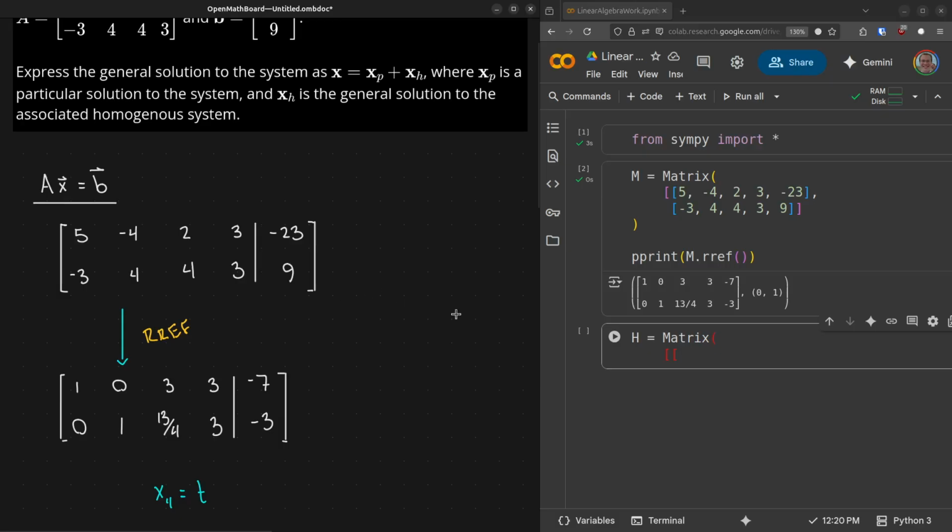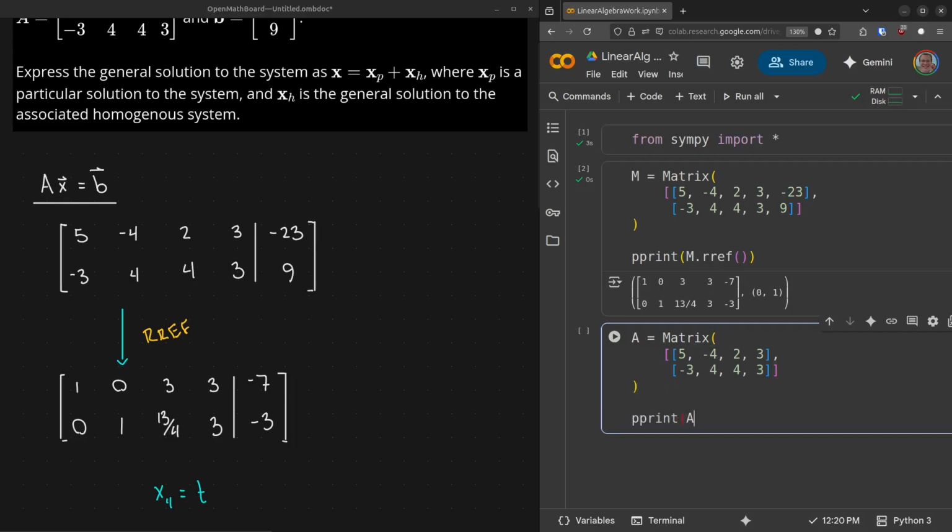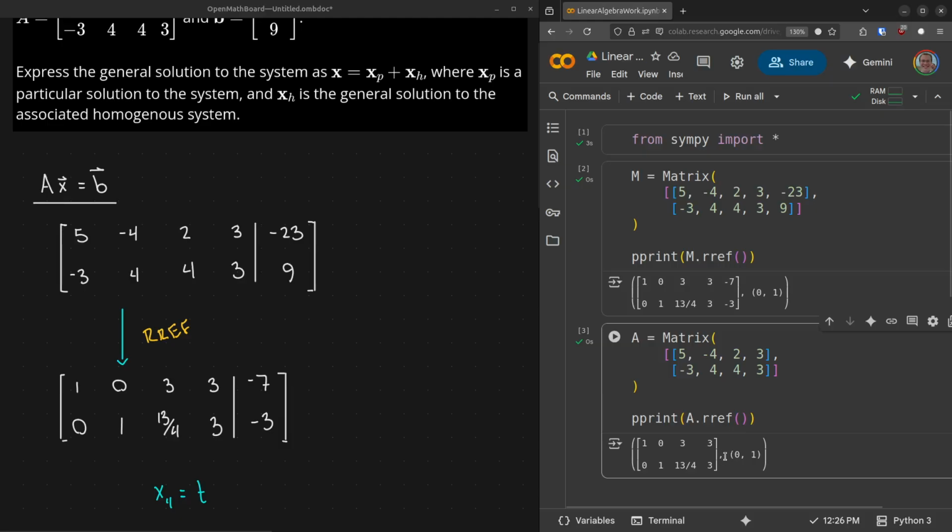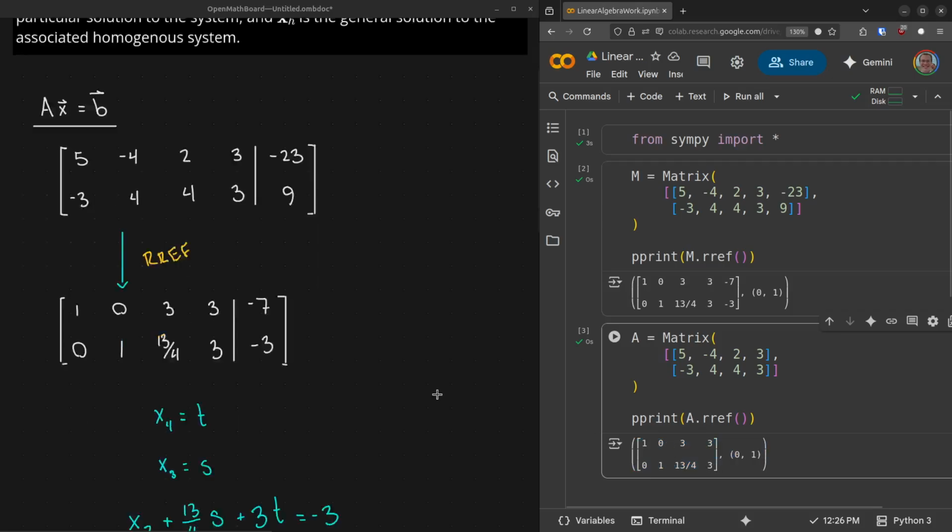Okay, I'm just going to get our coefficient matrix. Well, actually, I think I could just call it A, couldn't I, if it's just the coefficient matrix. So 5, -4, 2, 3, -3, 4, 4, 3. And let's get the reduced row echelon form of that matrix. Notice the reduced row echelon form, those first 4 columns are the same.